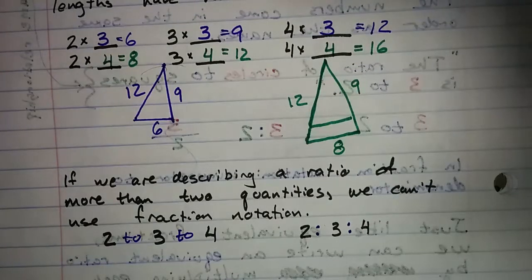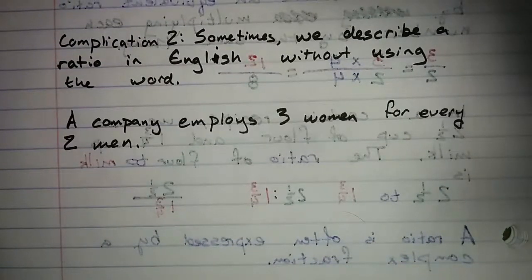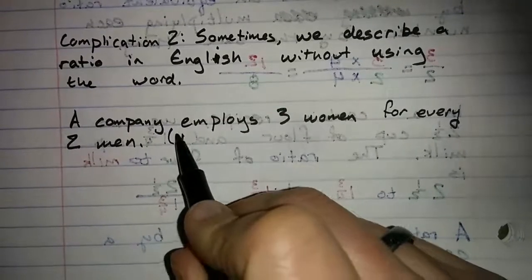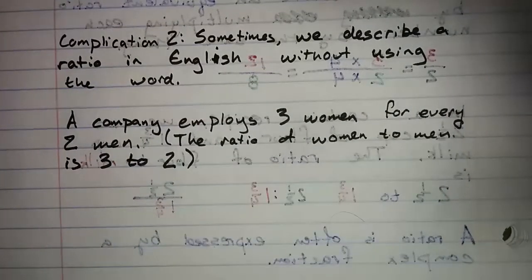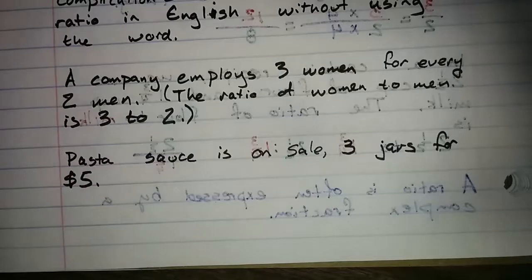Another thing to be on the lookout for is when we're describing a ratio in English, we don't always use the word ratio. So we might say, for example, a company employs 3 women for every 2 men. That sentence means the same as to say that the ratio of women to men is 3 to 2. Or we might say, pasta sauce is on sale, 3 jars for $5.